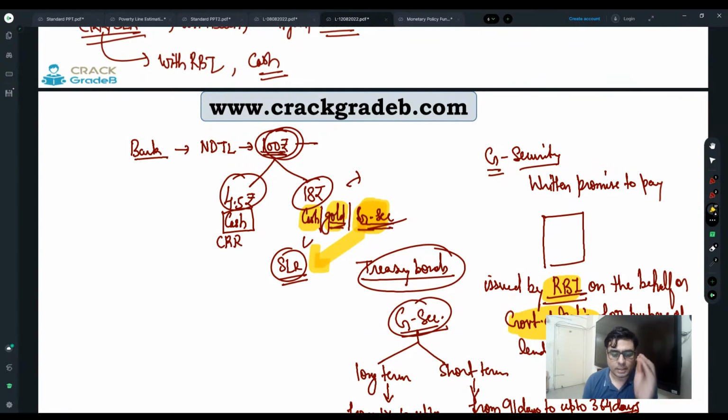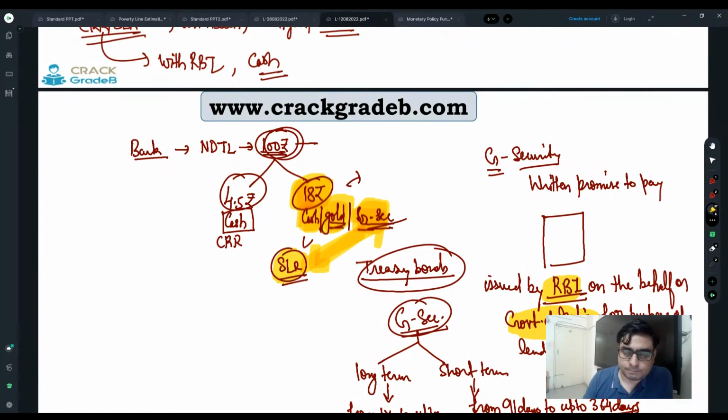Whatever money you invest here, that 18 rupees you invest in the government securities, has no issue with respect to security. Your money is going to come back to you with interest, 100% guaranteed, because the promise is made by the government. So that is a secured investment, number one. Number two, if you go for gold or cash, there is vulnerability. So banks prefer to go for SLR investment in government securities.